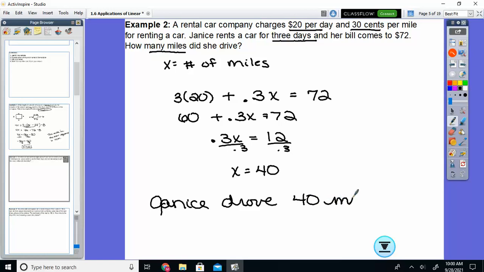X is my number of miles, so it's just 40 miles. Alright. Questions on that one?